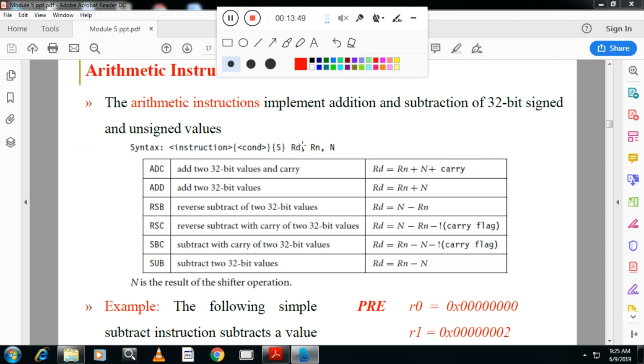Now arithmetic instructions, we have ADC, add, SUB, RSB reverse subtract, RSC reverse subtract with the carry, and SBC subtract with the carry. So ADC Rd, Rn, N: destination register is nothing but Rn plus N plus carry.